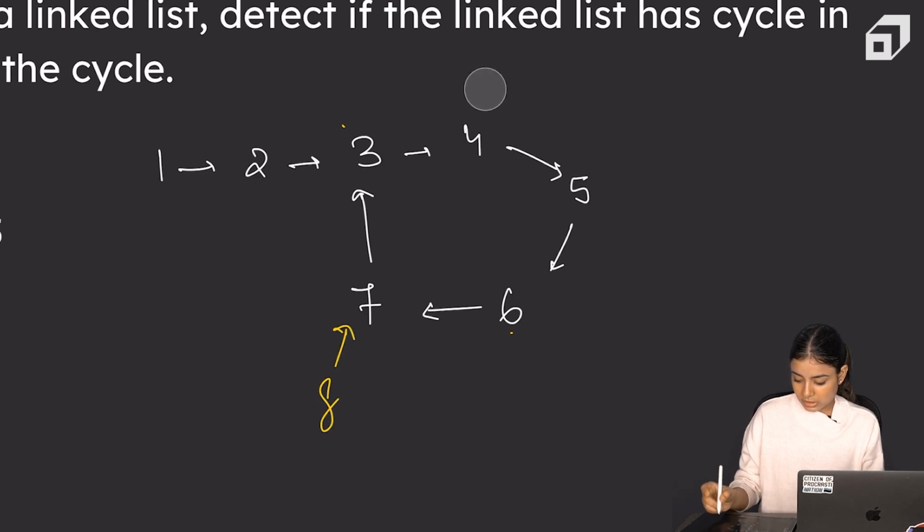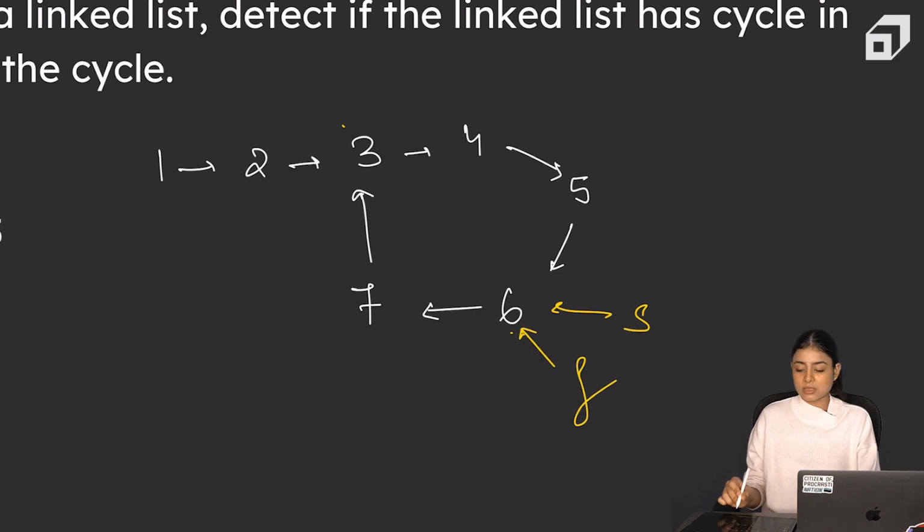Next iteration, slow here and fast here. Next iteration, slow here and fast here. And in the next iteration we'll have slow here at 6, and fast also here. So slow and fast are meeting at 6, and from here, what is the distance till 3? The distance is 2.